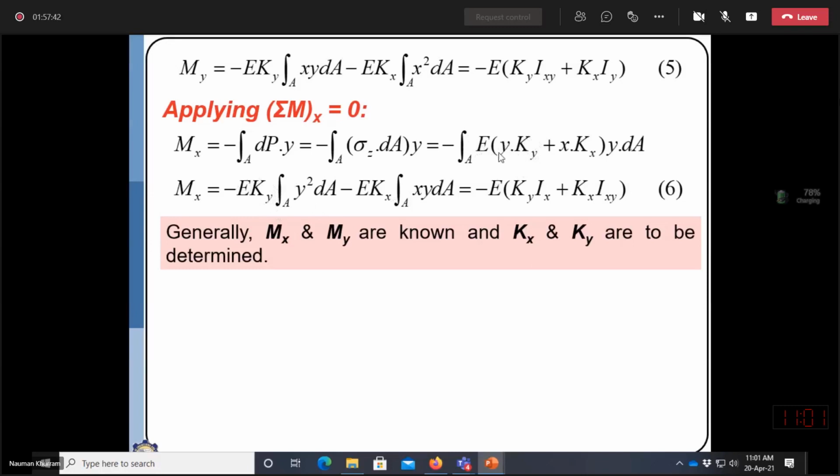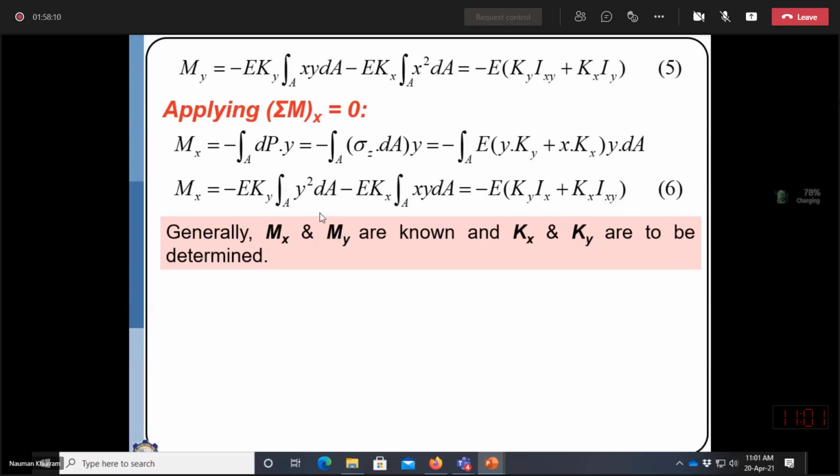So we will have y square into dA minus E kx, which can be taken as a constant, then xy into dA. So Mx will be equal to minus E ky into Ix, because this is the definition of moment of inertia about x-axis, and this is the definition of product moment of inertia.